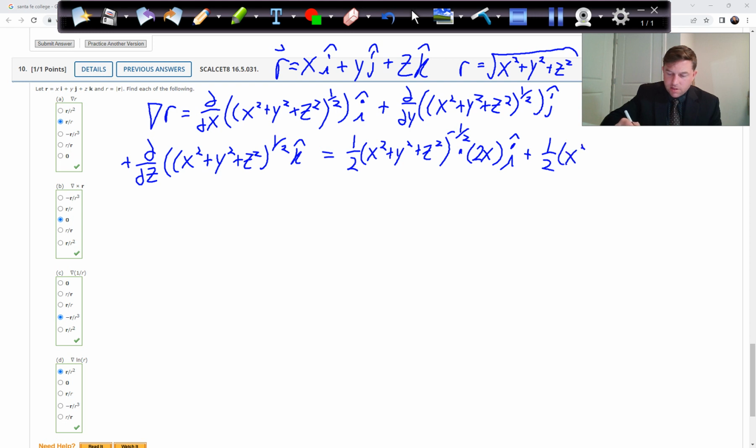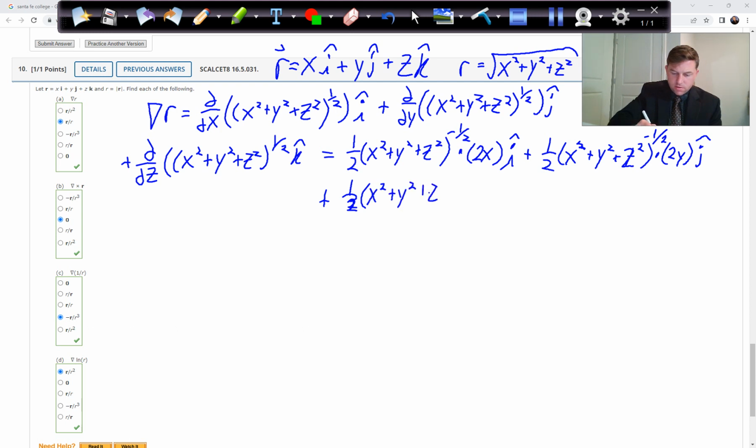The only thing that changes are the terms on the outside. So it's going to be 2y now in the j direction. Oops, this should be minus 1/2 also. And then the third term, x squared plus y squared plus z squared raised to the minus 1/2 times 2z. And that's in the k direction.